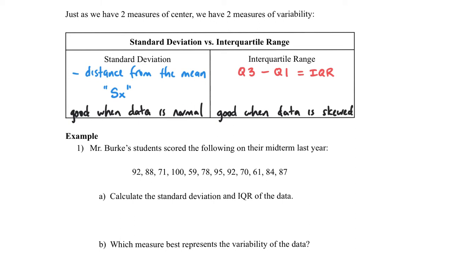So if the data is normal, we use the mean and the standard deviation. Those always go together. And if the data is skewed, we use median and IQR. Those always go together.